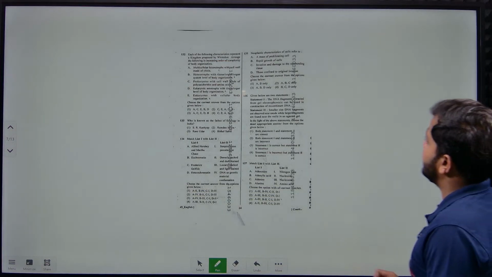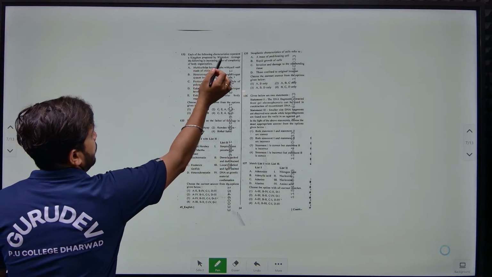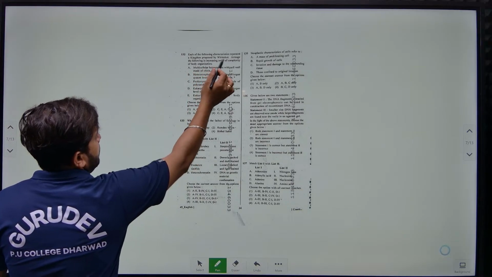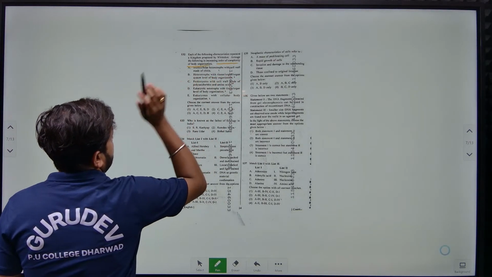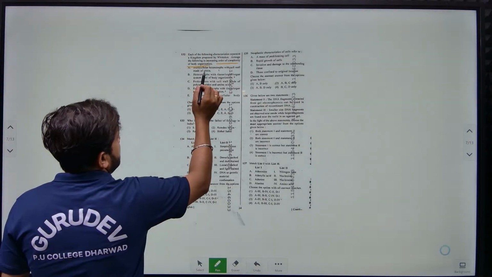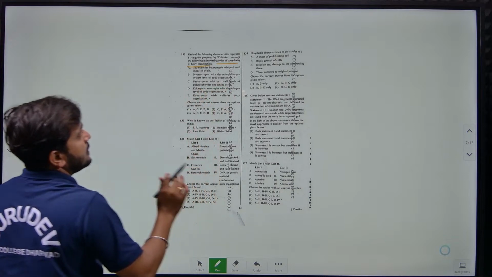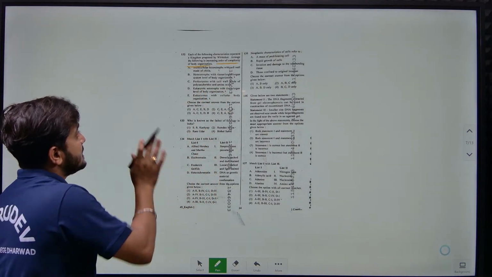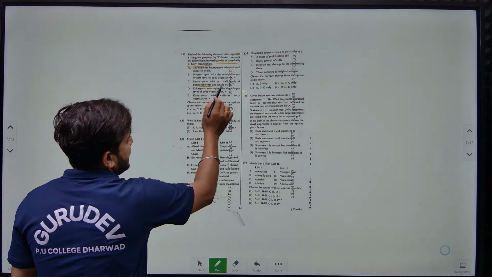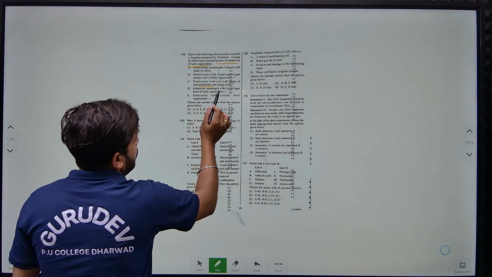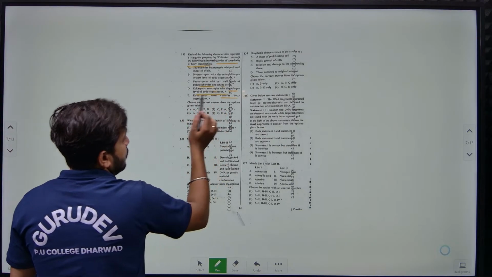So moving on to the next here, that is the 130th question, right? Each of the following characteristics represents a kingdom proposed by Whittaker. Arrange the following in increasing order of complexity of body organization, right? They are asking: multicellular heterotrophs with a cell wall made up of chitin, heterotrophs with tissue or organ system level of body organization, prokaryotes with a cell wall made up of polysaccharides and amino acids, then eukaryotic autotrophs with tissues and organs level of body organization, eukaryotic with cellular body organization.